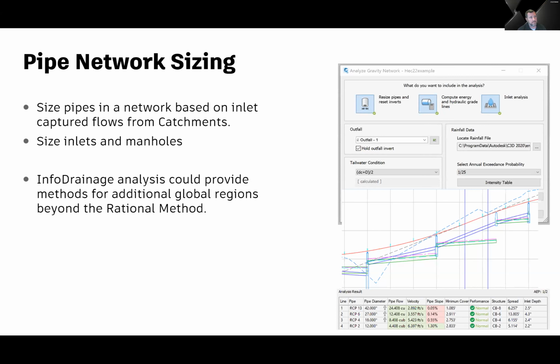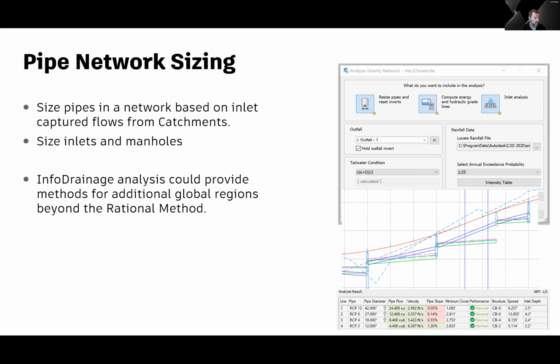And even what we have in Civil 3D, Info Drainage also has some sizing calculators and criteria that are a little more complex than what we have in this tool here, which is really, I think, just looking at min and max velocity to do your sizing and the flow coming into the pipes, of course.